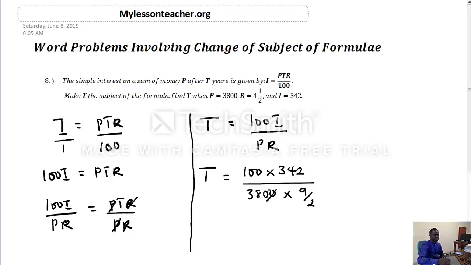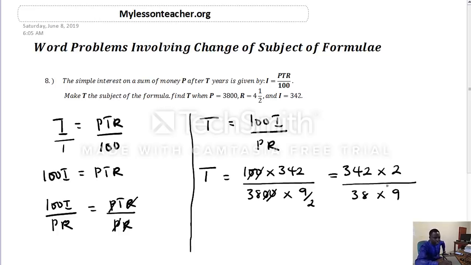So when you simplify, divide both the numerator and denominator by 100, you're going to have this, and this can also be simplified to be 342 times 2, which is the fraction, divided by 38 times 9. So let's look at it.